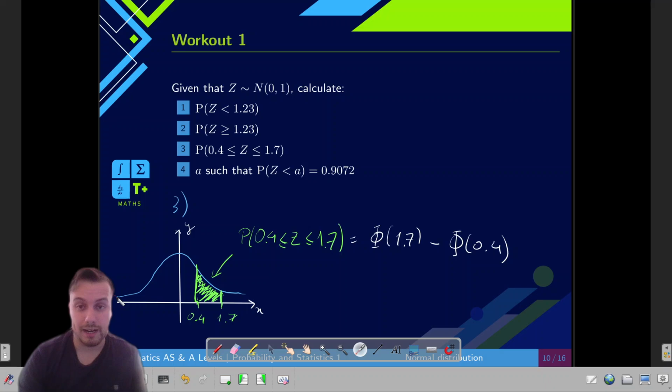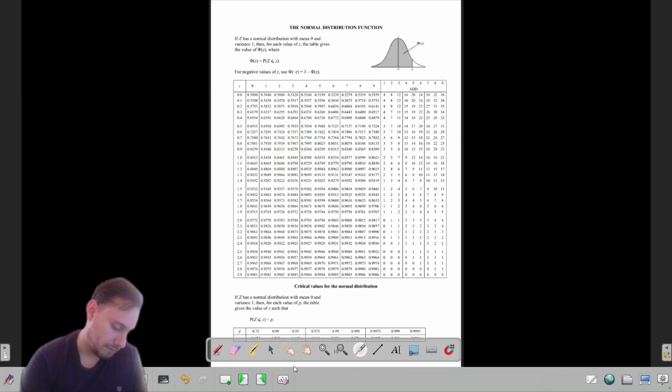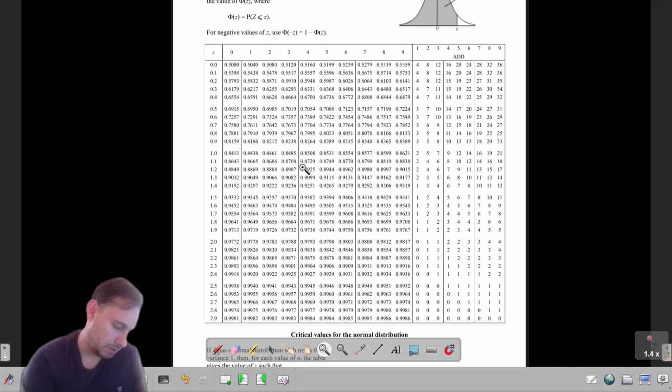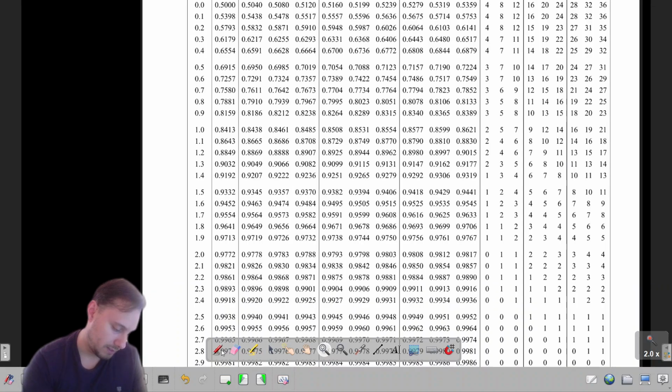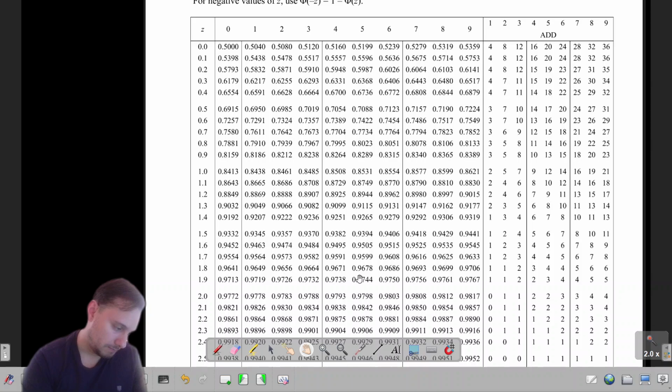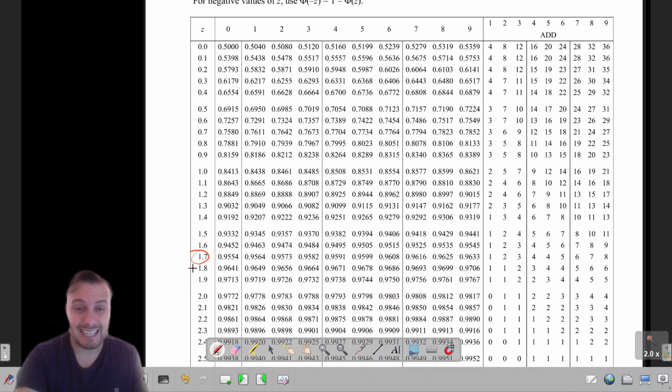How do we find these two values? Again, we go to the table. Let's take a look at phi of 1.7. I'm going to be going over here. In this case, my 1.7 is here. So I'm going to be using this row. And my next digit, as it's not given explicitly, is a 0.